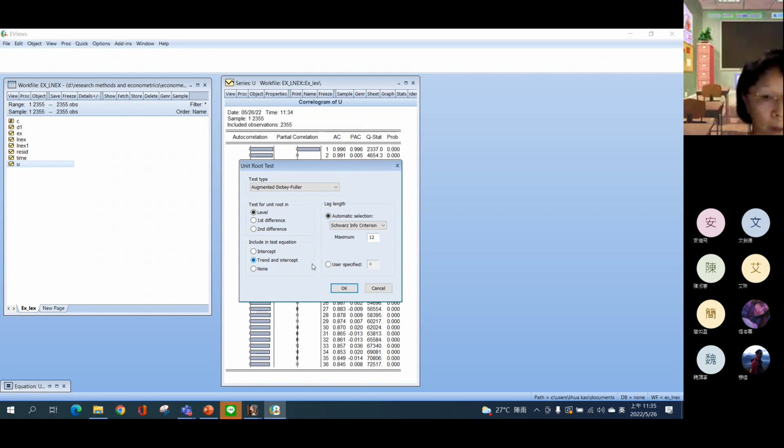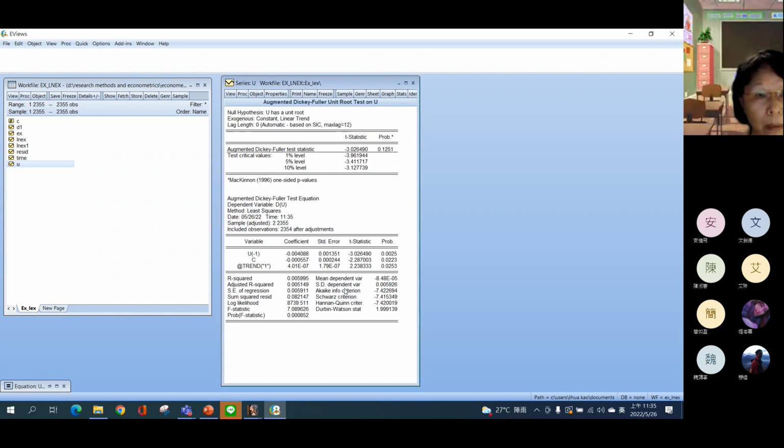Look at my unit root test. It seems that after I take the trend out, it is still non-stationary. So I know that after I remove the trend, it still doesn't work.